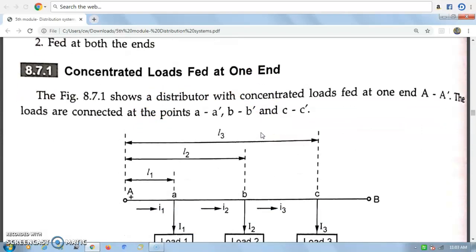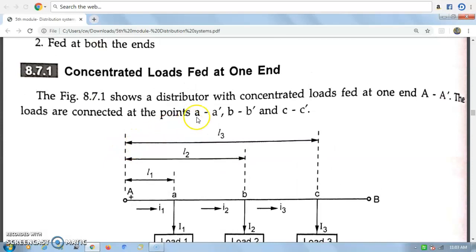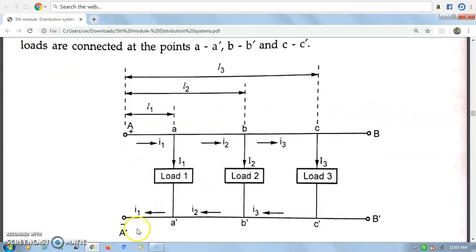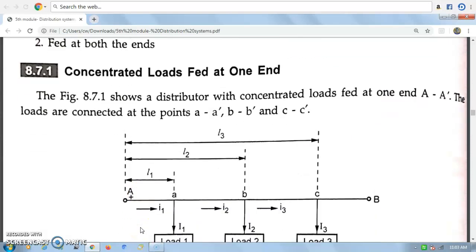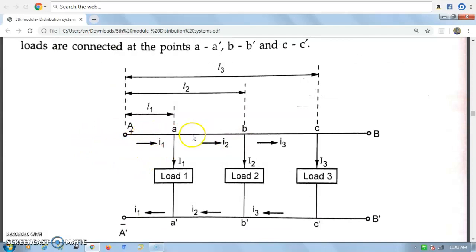Okay, see the diagram. The concentrated load is fed at only one end, at the one end A dash. The loads are connected at the points: A dash load, first load, and the second load is B dash connected here.